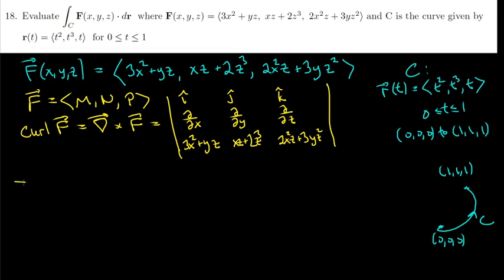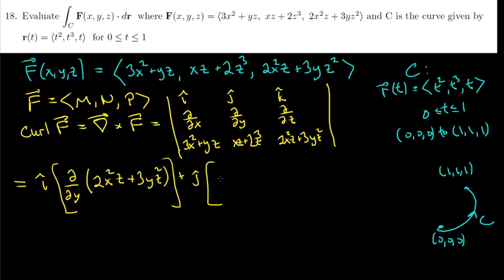Okay, so the i component will be this determinant. So that's going to be the partial of this with respect to y minus the partial of this with respect to z. Well, maybe I'll write it out. So the partial with respect to y of P, which is 2x squared z plus 3yz squared. And then plus j.